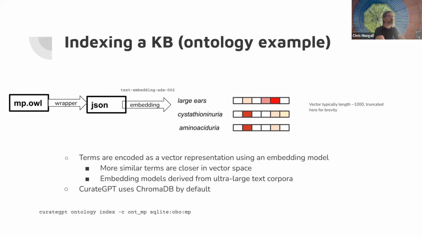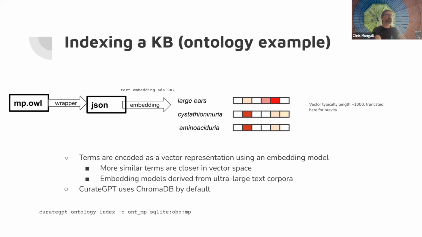So what is happening behind the scenes when you do this load step is that, if it's using a wrapper, it will use that wrapper to turn all of the different objects in the store into JSON. So if you're loading an ontology, it'll take each term and turn each term into JSON. Then it will take a textual representation of that term and run what is called a vector embedding, a text embedding, on that.